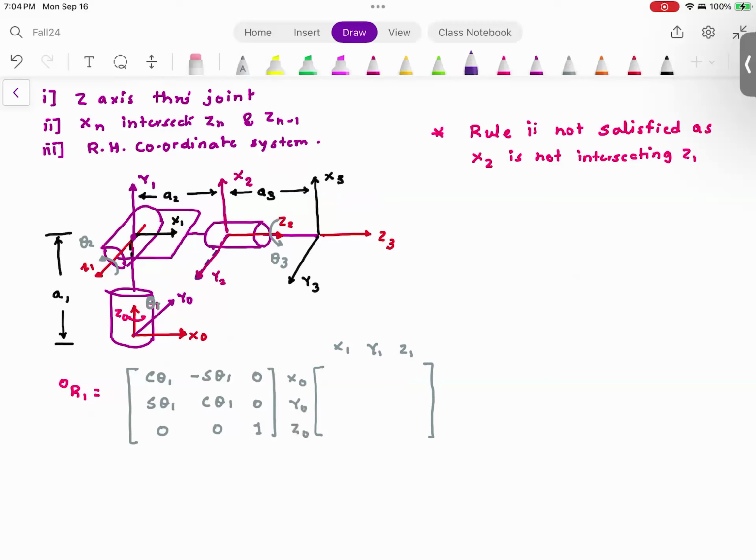Now please note x1 is aligned with x0, y1 is aligned with z0, and z1 is aligned with minus y0.